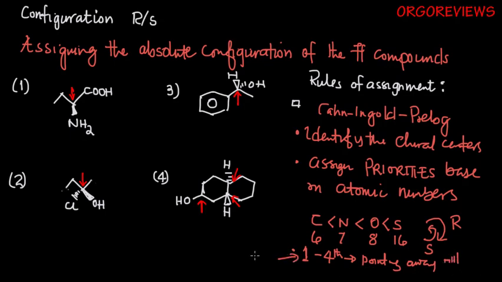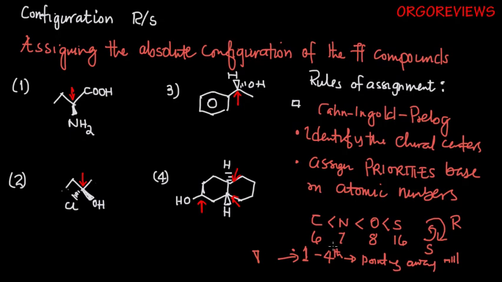Otherwise, whatever rotation that you got has to be reversed. What it means is if you had an R, the actual configuration is an S. And if you have an S, the actual configuration is an R. So always remember that rule, that the 4 should point away from you, and the 1, which is the highest priority, should point towards you. All right, so let's begin by looking at these examples.